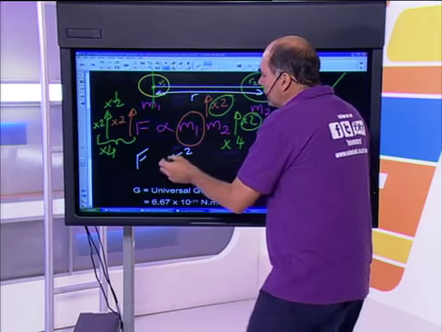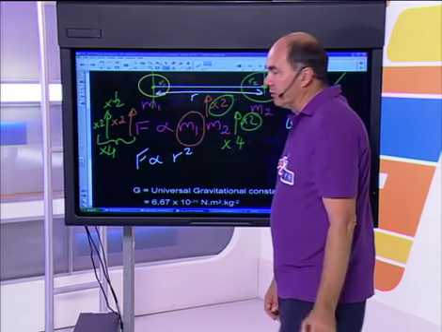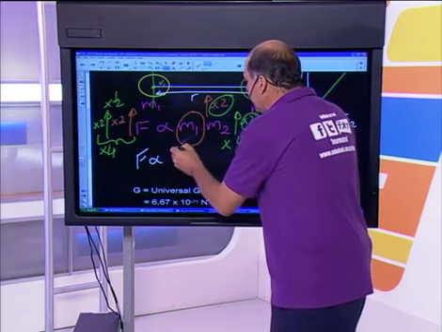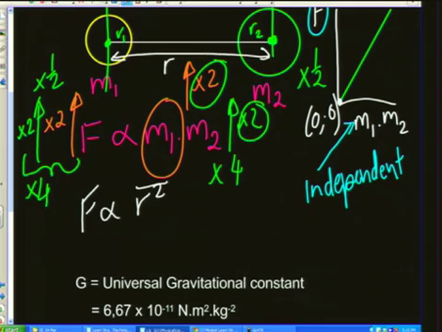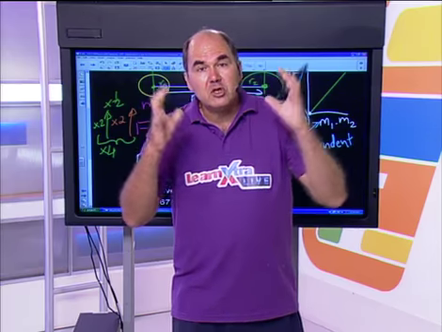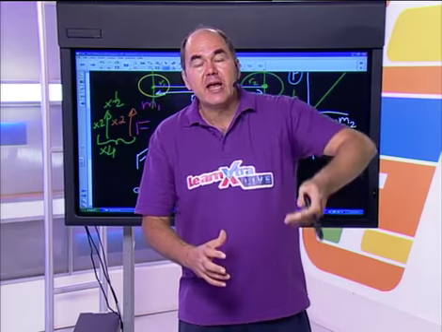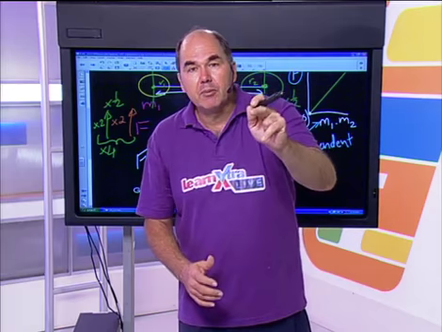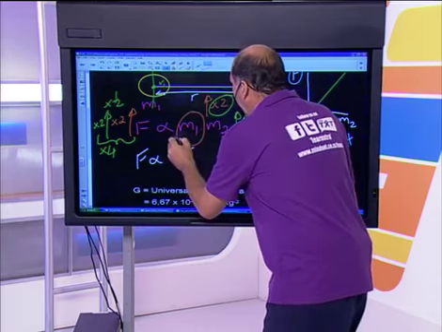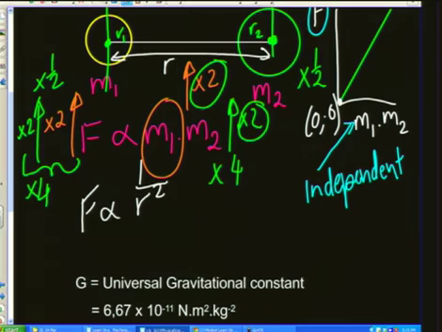But guys, it's not directly proportional. That's not true. It's inversely proportional. Now, another way of saying inversely proportional to the square of the distance is to say it's directly proportional to 1 over R squared. So that's a really important idea that you've got to get clear.